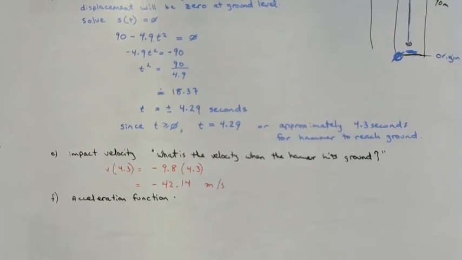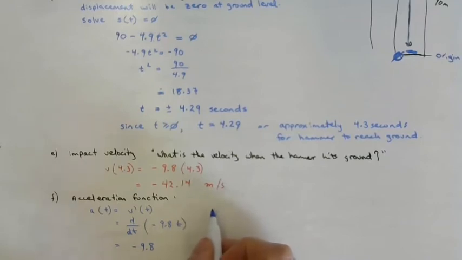Acceleration is the derivative of the velocity, so a of t is equal to v prime of t, which is the derivative of negative 9.8t, which is negative 9.8. So the acceleration now is always negative 9.8.